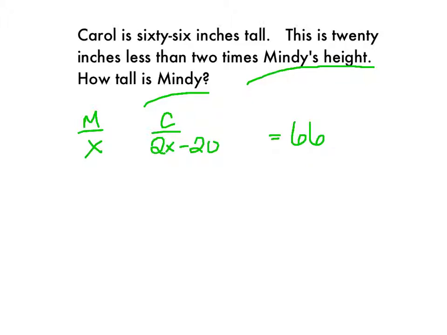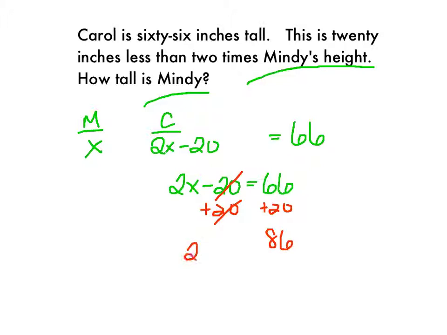So now I just have to solve for x. So 2x minus 20 equals 66. To get this to the point where I am able to cancel, I need to use the inverse operation. So minus 20, or excuse me, inverse would be adding 20, plus 20. So these cancel. I add over here and get 86. And then 2x equals 86. So whatever's left over, I bring down.